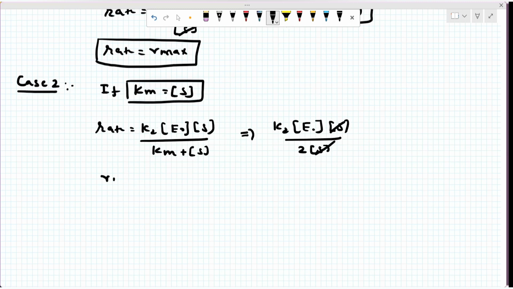Therefore, the rate that equal to K2 into E naught by 2. Just wait. Now, I'm correct, right? Yes, correct. K2 into E naught by 2. Now what is K2 into E naught? R max. Therefore, this is equal to R max by 2.